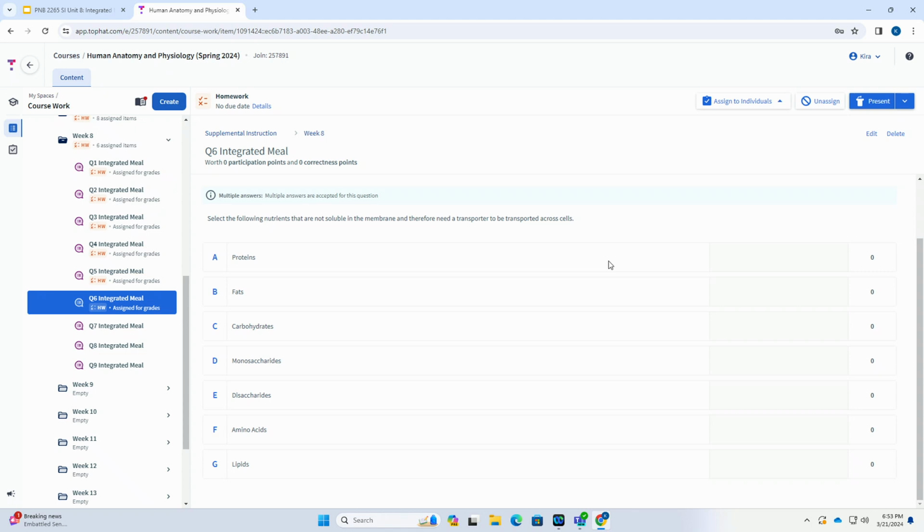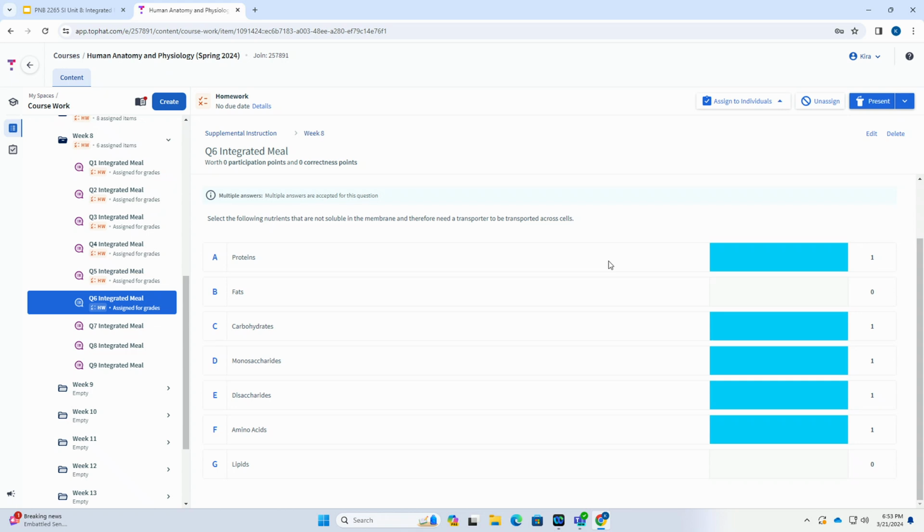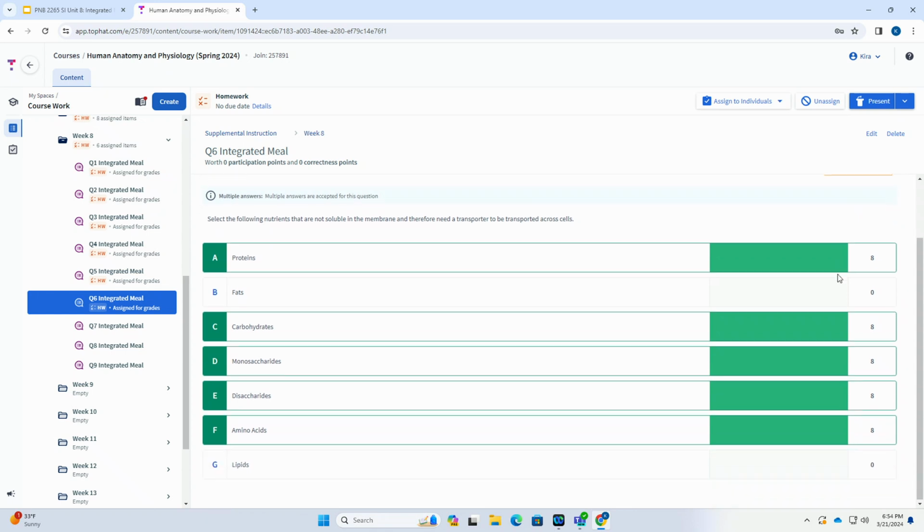Select the following nutrients that are not soluble in the membrane and therefore need a transporter to move across cells. Nice, yeah. I just wanted to emphasize that proteins and carbs need these transporters, fats do not.